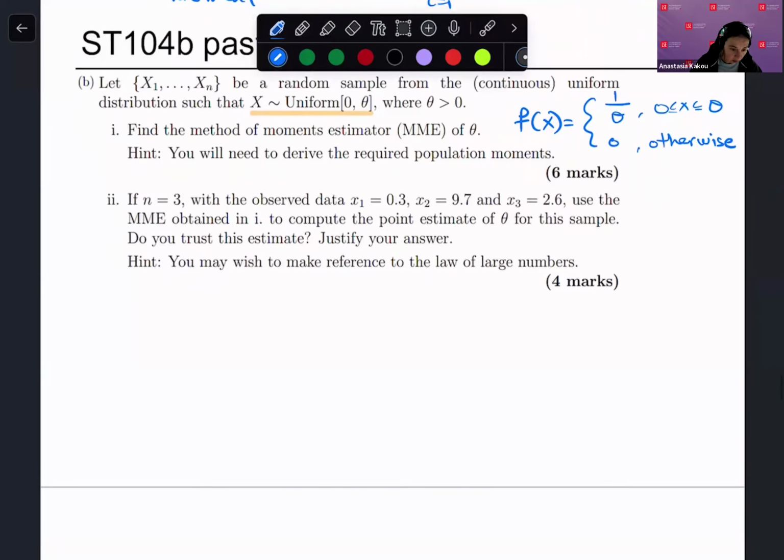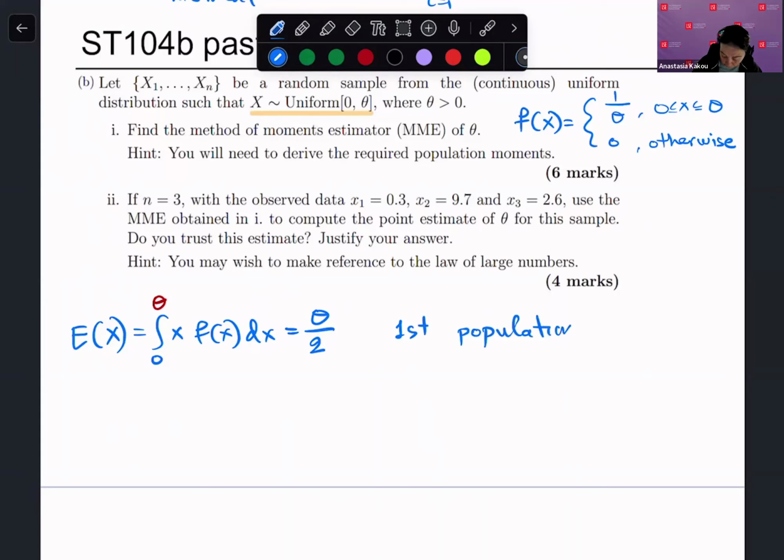Using that probability distribution, we are going to calculate the expected value, integrating from 0 to theta. Make sure that you have theta there because that's the domain. If you do all the work, that will give you theta over 2. Now this is the first population moment.